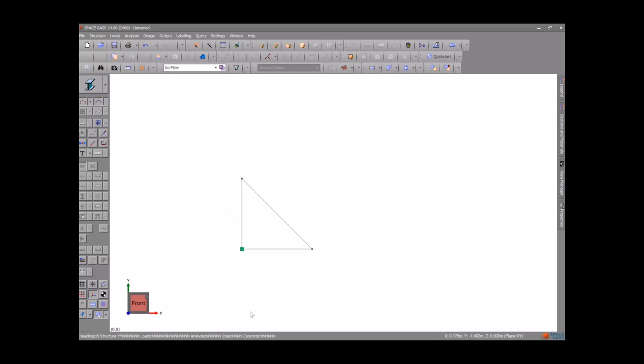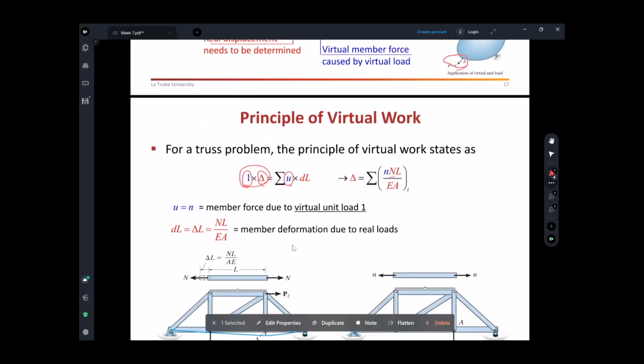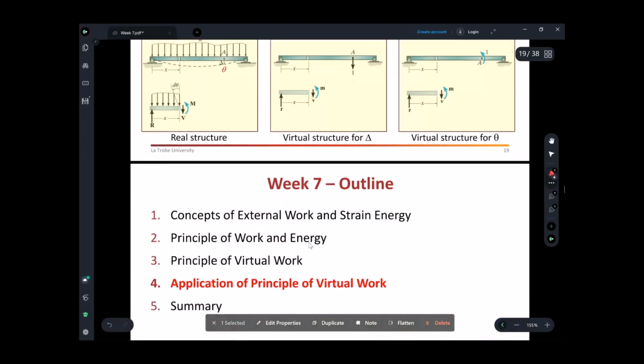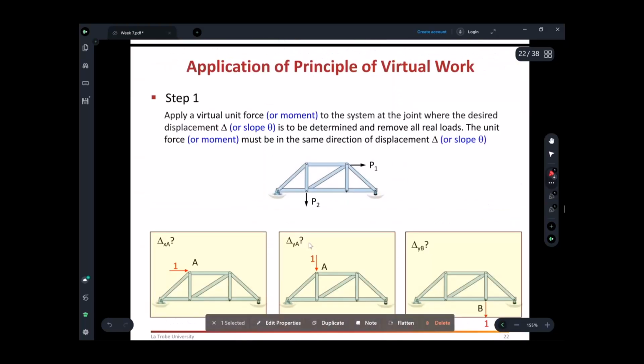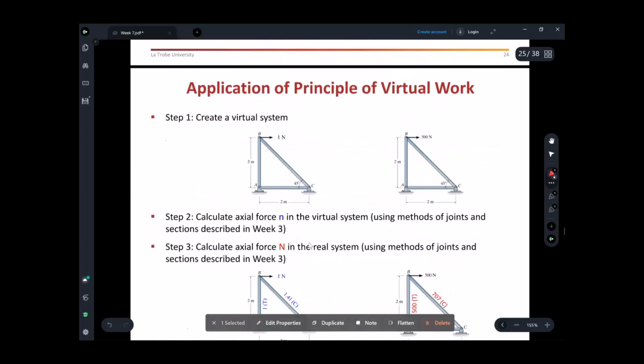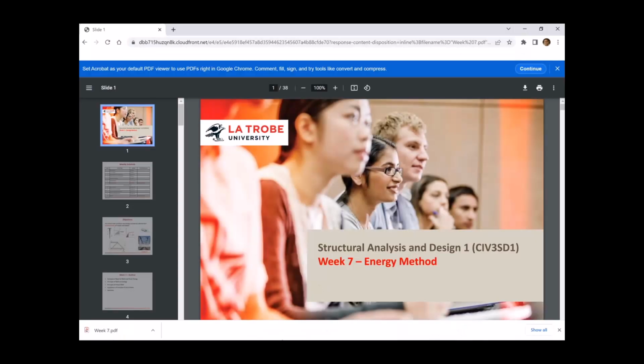Then we double click on here because we just want to check what was in the example. Oh, there you go. So we have a pin support here and a roller support here.